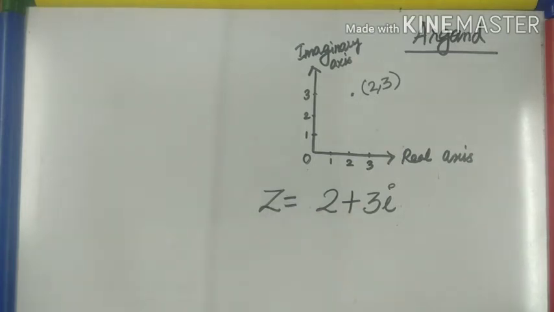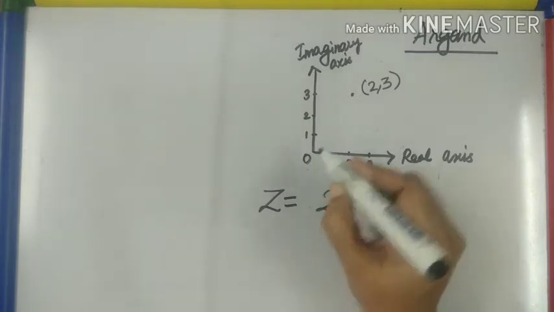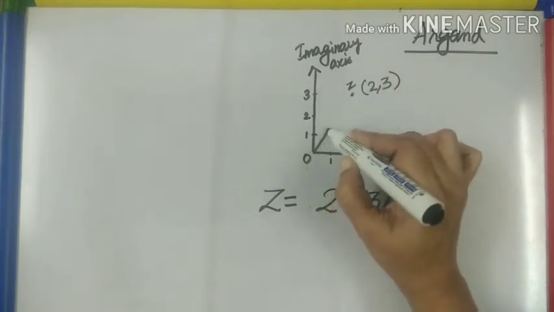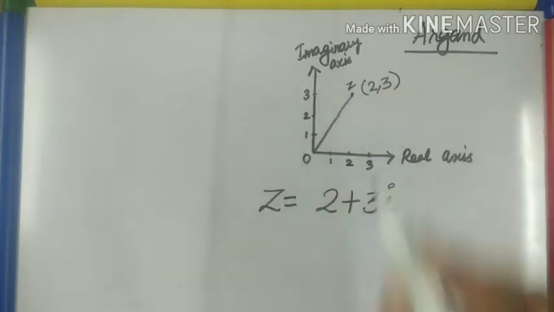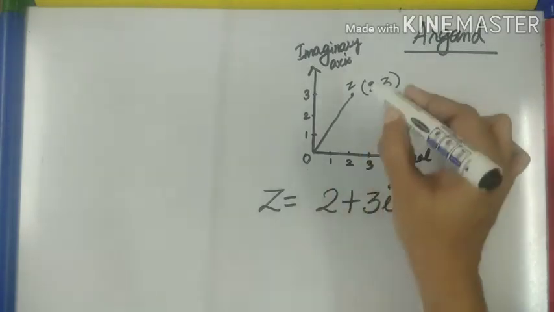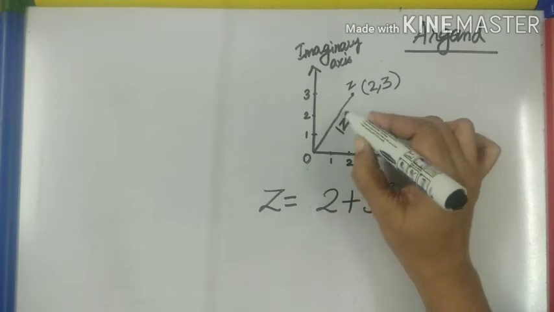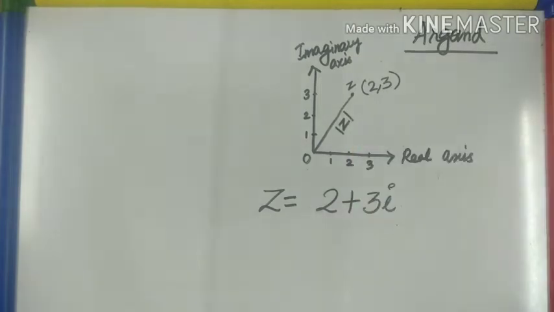What all I must know about this z? Can I join this 0 and this z? Yes, of course. You can use your scale and join. What is this distance called as? The distance I term modulus of z.